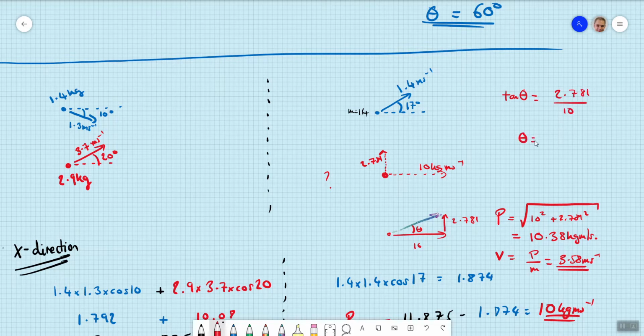So theta is equal to tan to the -1 of 0.2781. Let's do that. We get 15.5.